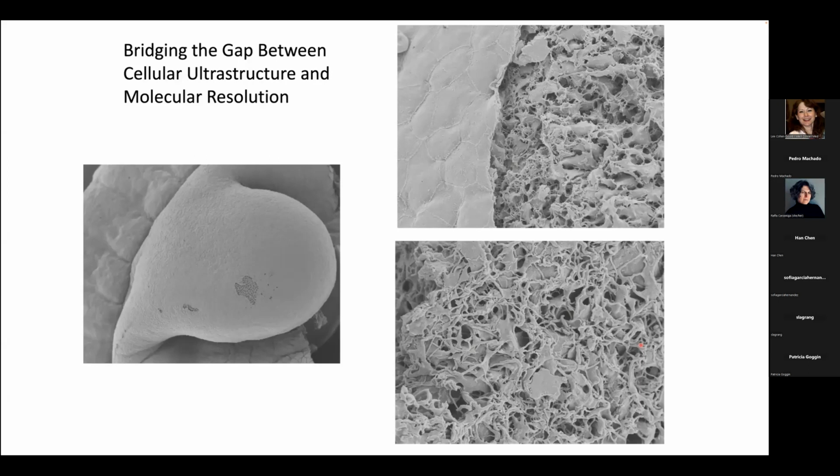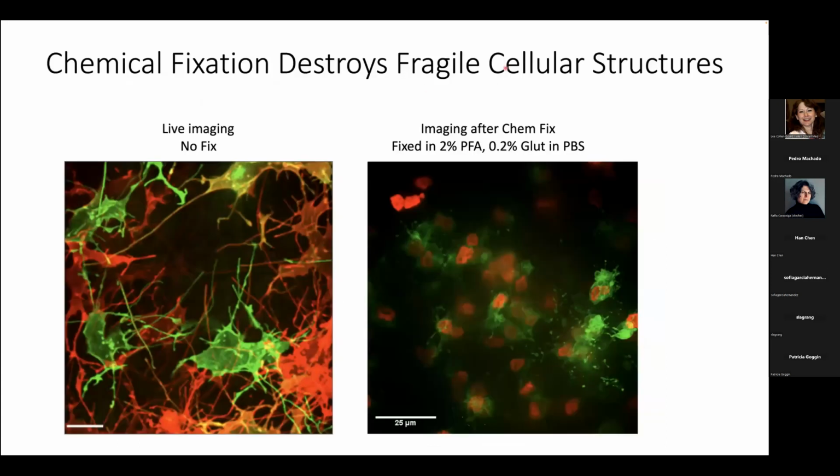How can we actually get to see the molecular components? People have tried. This isn't the first time someone said we should use EM on this. But unfortunately, here's that live image again, with no fix.